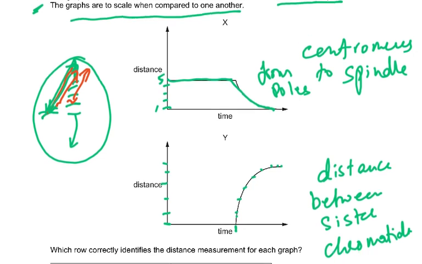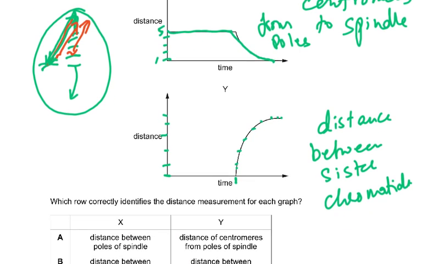And this other was the distance between sister chromatids. What does it mean, distance between the sister chromatids? Originally this was the distance. Let me give it another color. So this is one centromere and this is the other centromere. And then slowly what is going to happen, distance between sisters.